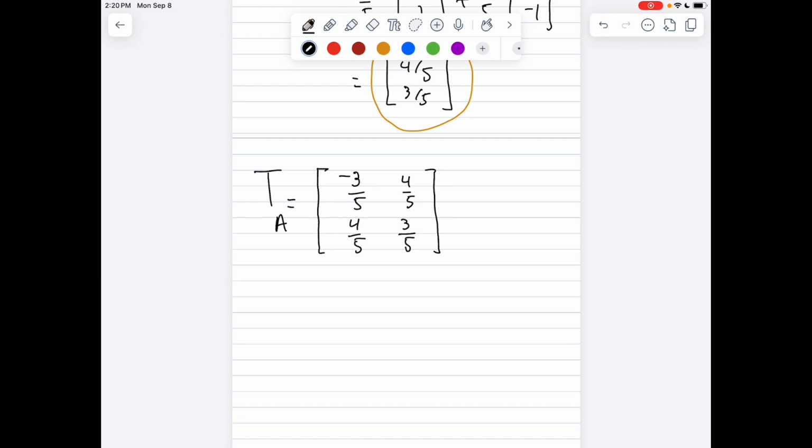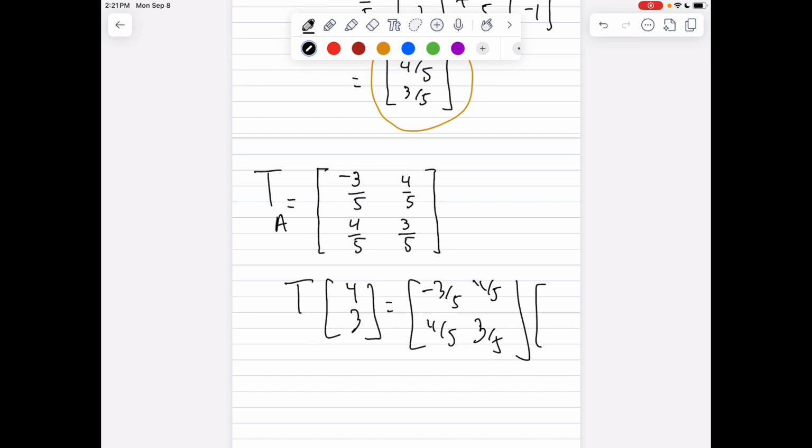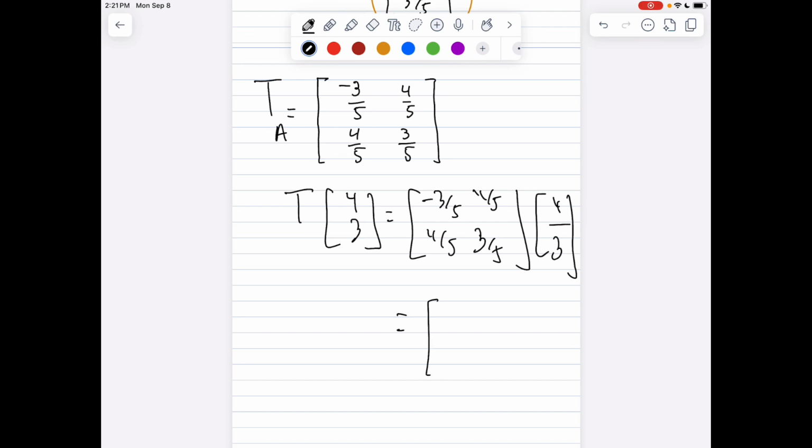So if I wanted to figure out what the transformation of the vector, let's say (4, 3), was, all I need to do is multiply this matrix by the vector (4, 3), and it'll tell you the answer.